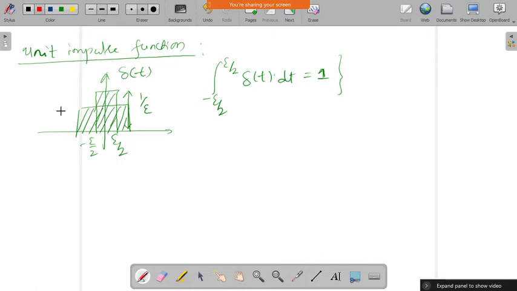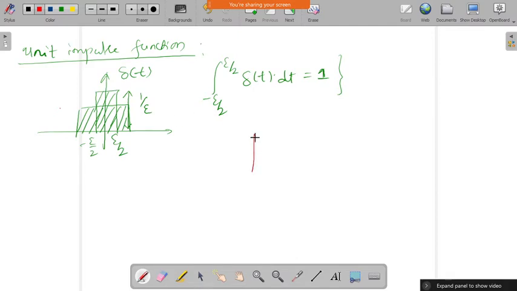The functionality is that whenever the width is decreasing, the height will go on increasing. And the definition will be like this: the integral from minus epsilon by 2 to plus epsilon by 2 of del of t dt is equal to 1. This function is used in many systems to find out the properties of the system, that is, what happens whenever we give a sudden pulse.